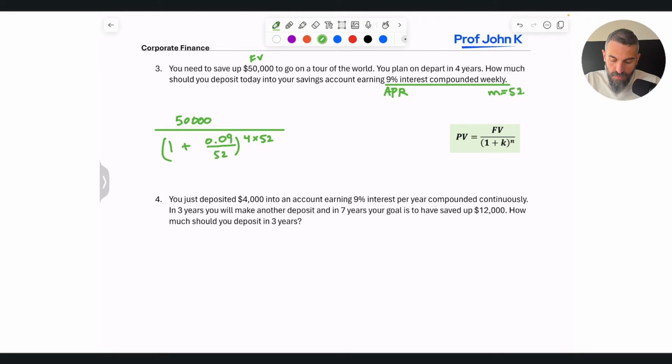And then you punch this in. So 50,000 divided by 1 plus 0.09 over 52, to the power 4 times 52. You should get 34,894.67.